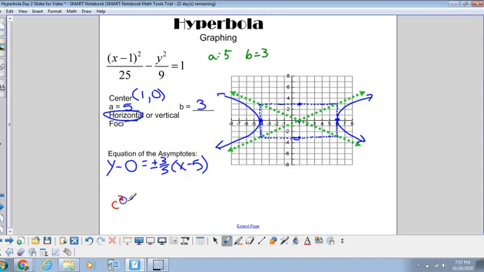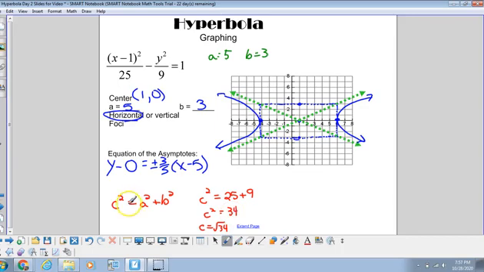We know that C squared is equal to A squared plus B squared. And we found our A and our B last time, and we have our A squared and B squared in our equation. So C squared is equal to A squared, which is 25, plus B squared, which is 9. So our C squared is 34. So our C value is the square root of 34.